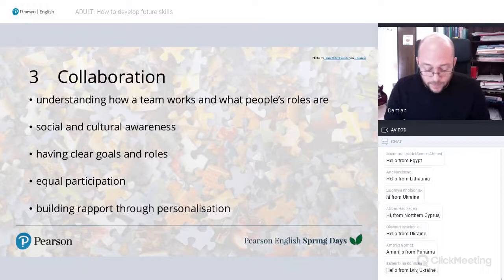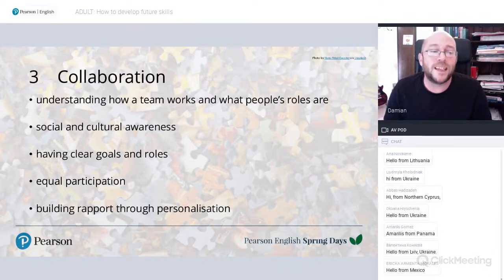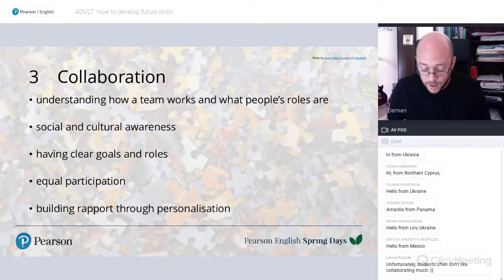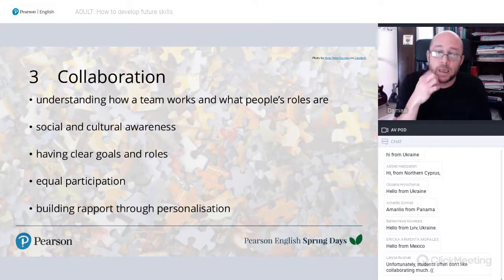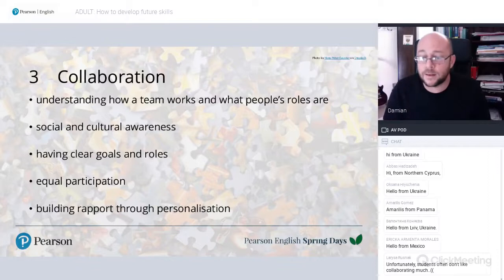And this in turn involves social and cultural awareness, which is a very common theme in language teaching, looking at different cultures, different ways of behaving socially. Of course, it's important to understand what people's roles are so that we can have clear goals as well. So each person has their own clear role and goal and how this works together as a team.